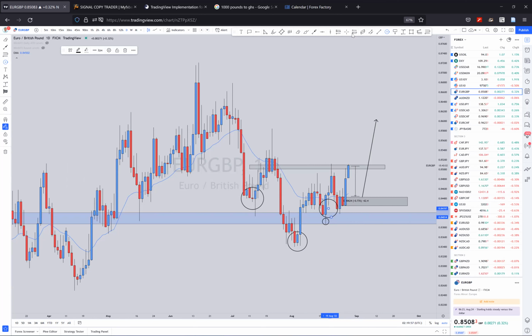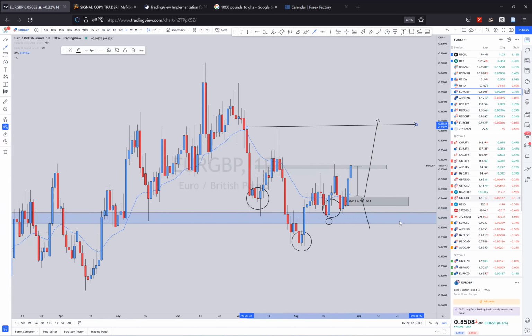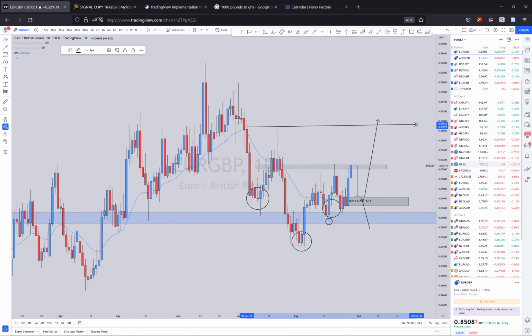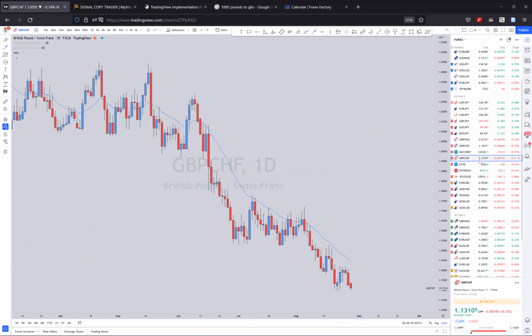When that happens, we'll be looking for a potential push from this level here to the upside here. Euro GBP, that is something I'll be looking out for. So if we are looking at this for Euro GBP, we would expect something similar to happen on GBP CHF. If you have a good understanding of correlation and how I look at the market, you understand this.